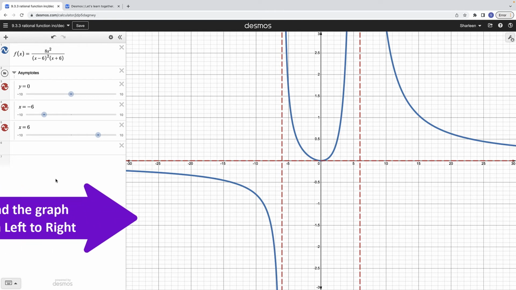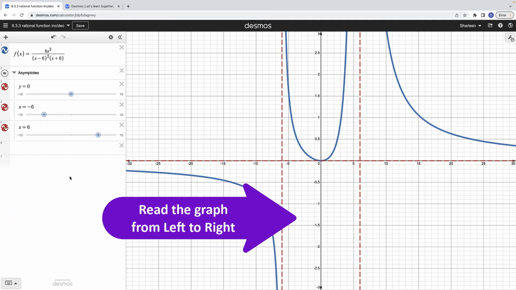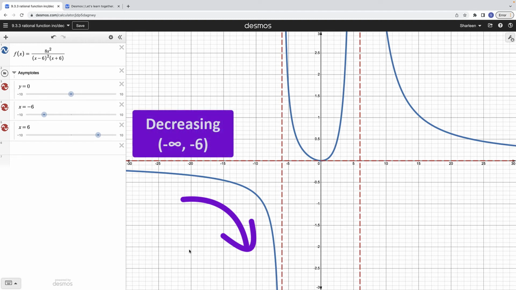We always want to read the graph from left to right. So I'll start from left to right. We're starting at -infinity, and we can see that the graph is decreasing until the vertical asymptote at -6. So our first interval, we're decreasing from -infinity to -6.